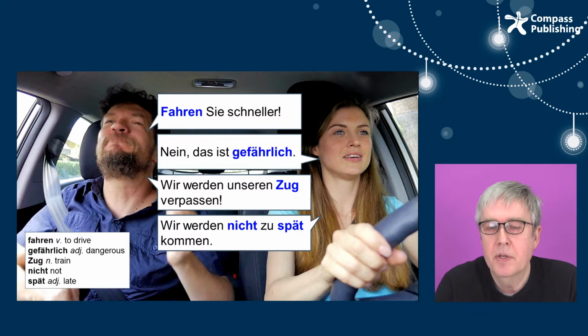So now let me ask you the questions again. So how many people are there in the conversation? There's two. And where are they going? They're going to the train station. What are they talking about? What's the discussion about?